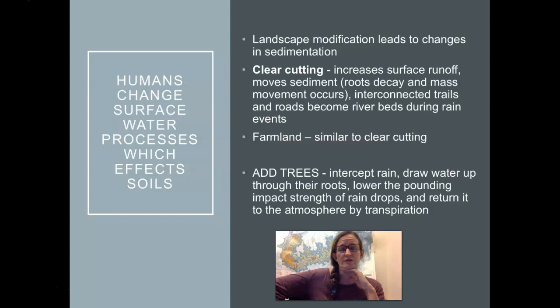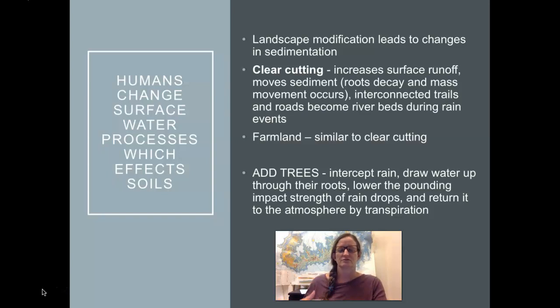And if you've hiked off the parkway or any state park in this area, the trails become little rivers. So a lot of trail maintenance is putting in water bars horizontally across a trail to divert water so it's not just becoming like a river on a trail. Farmland is really similar to clear cutting as well.